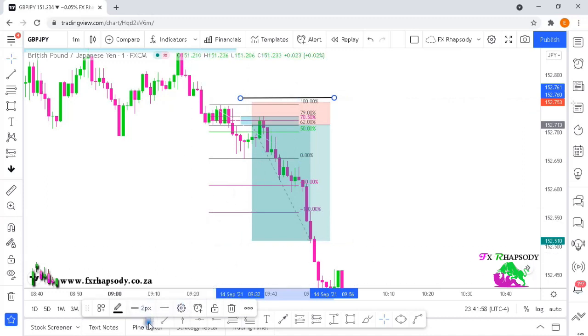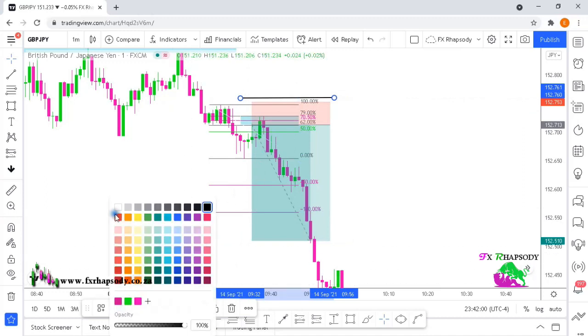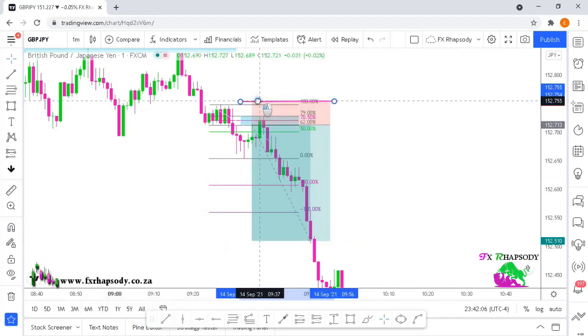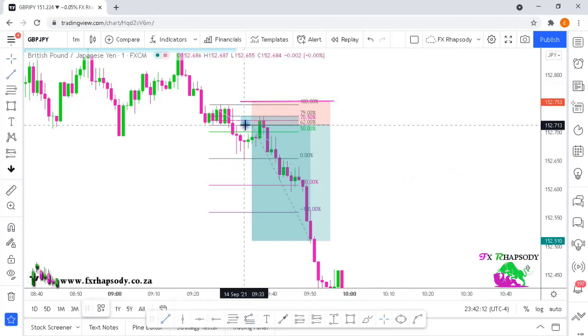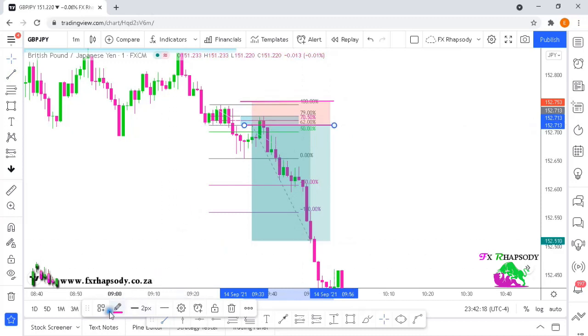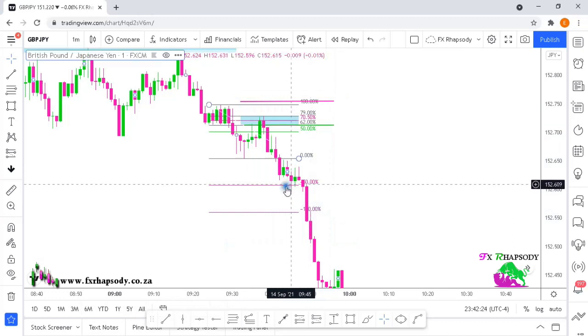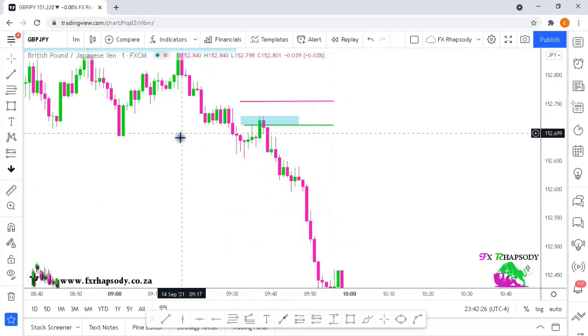It's going to be our stop loss area, just above that 100. Entry is going to be here by the 62%. Let's make that green for entry. Let's take out our Fibonacci and that area.